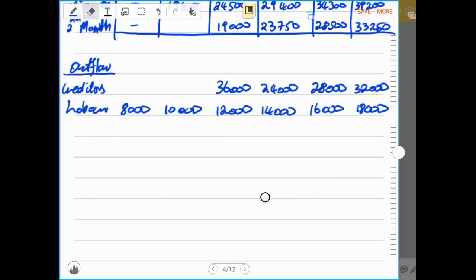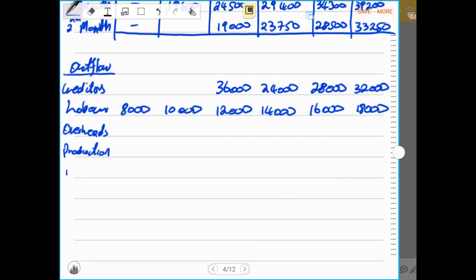Then we go to the overheads. We had two overheads that were given here: non-production and production. Let us start with the production overheads.